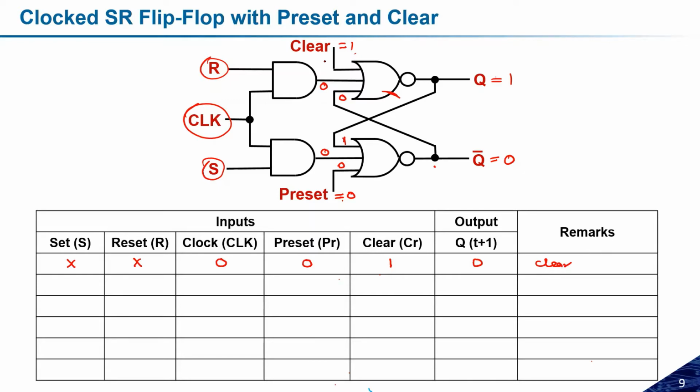Qt was 1, so whatever the Qt was, that was controlled, and the output of the NOR will become 0 plus 0 plus 1 complement. Perfect. So I made a mistake here.